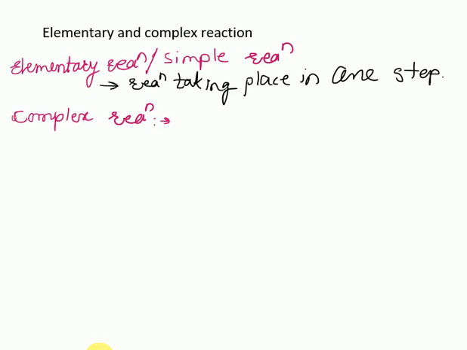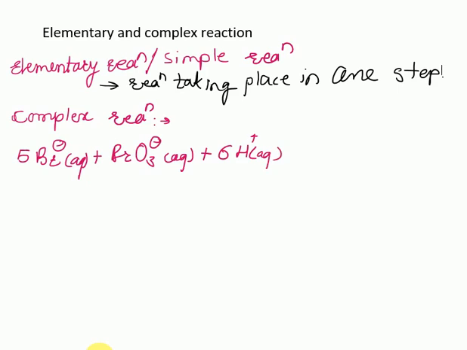For example, a chemical reaction like 5Br- (aq) + BrO3- (aq) + 6H+ (aq) gives 3Br2 (aq) + 3H2O (l).